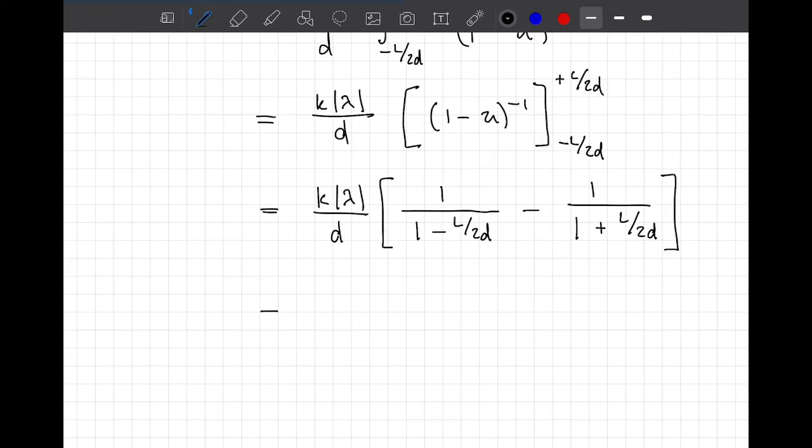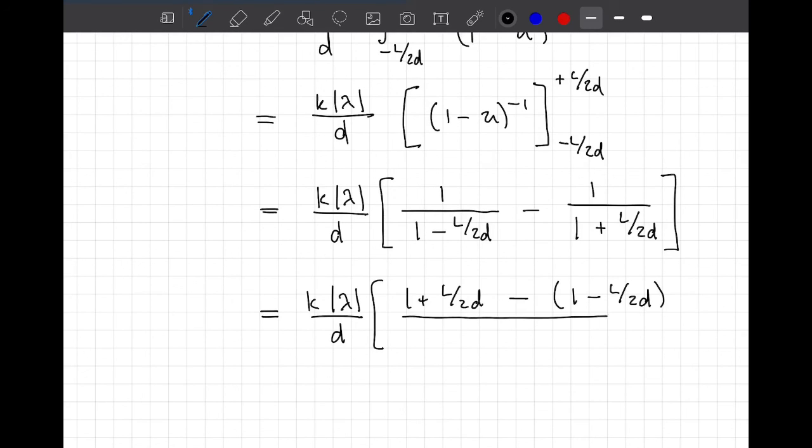So how do we do that? Well, we could multiply each by the denominator of the other. So then we get k lambda over d times 1 plus L over 2d minus 1 minus L over 2d, all over, when you multiply the two denominators together, 1 minus L squared over 4d squared.